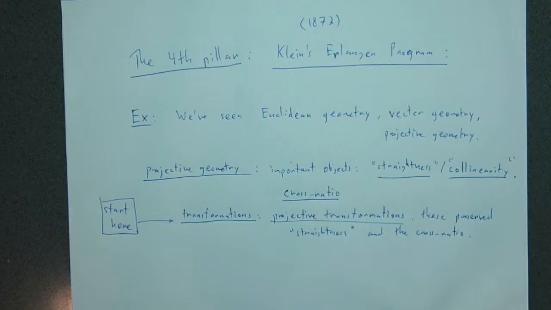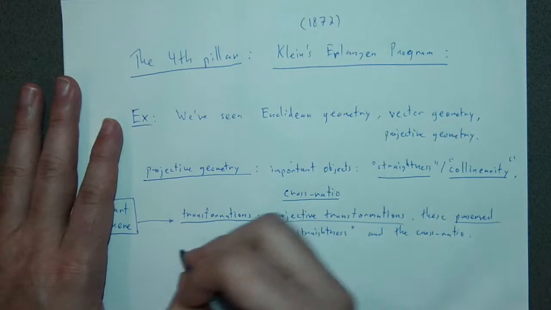When I was defining RP1, I actually defined the fractional linear transformations before I gave a definition of RP1 because they were included in the definition. So I needed to know what they were, first of all. And so we start with the transformations, call them projective transformations. These transformations fix or preserve straightness and cross ratio. They leave these invariant.